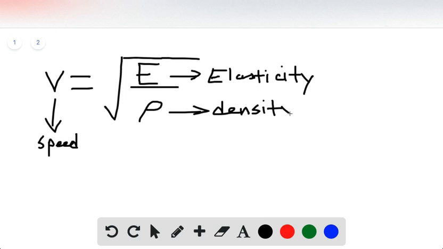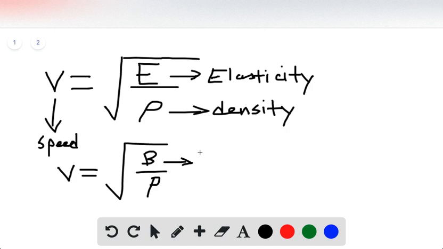Okay. Very similarly, there's another equation, which is v equals square root of B over rho. In this case, B is the bulk modulus. Okay, and so these are equations that are in section 11-8 in the book, and they're equations 11-14a and 11-14b, I believe.